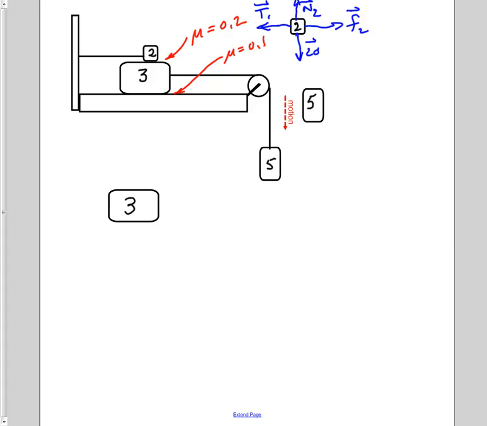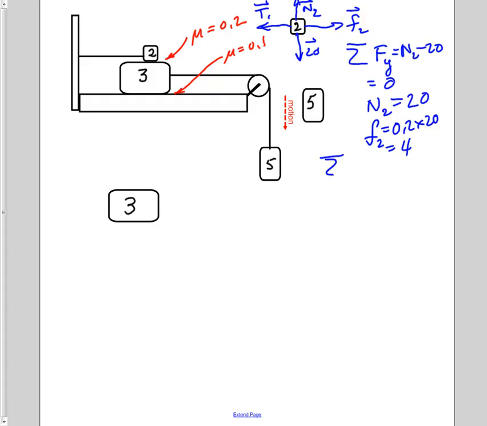And this is a Newton's first law problem. So the sum of the forces in the y direction equals N2 minus 20, which is 0. So N2 is 20 newtons, which means that F2 is equal to 0.2 times 20, or 4 newtons.